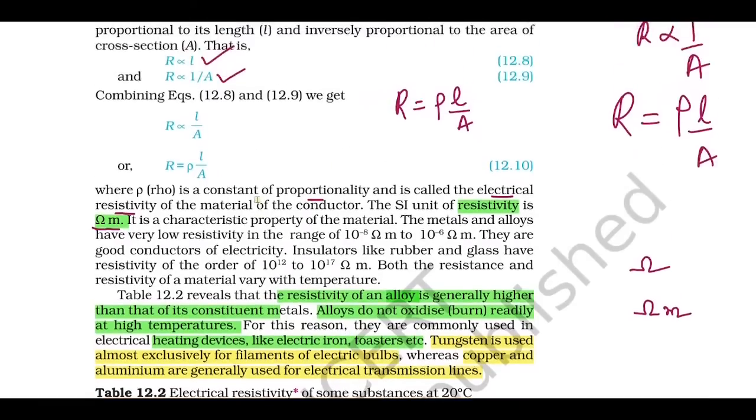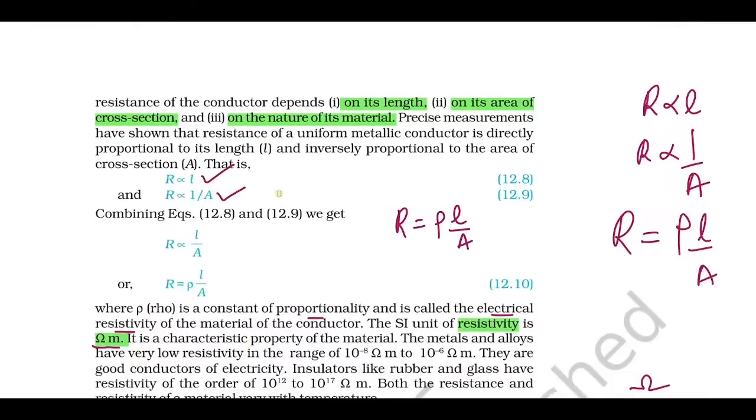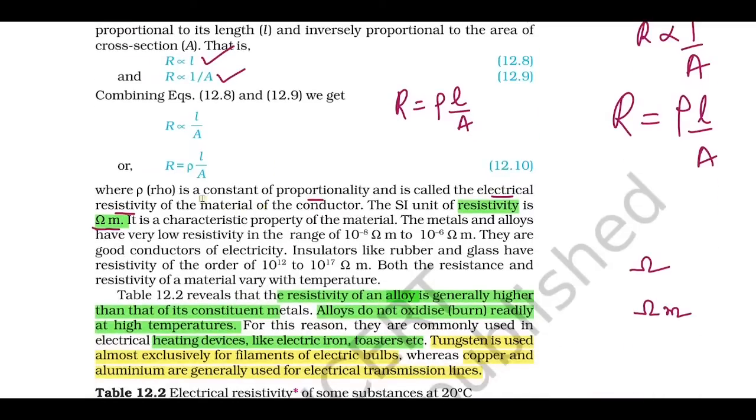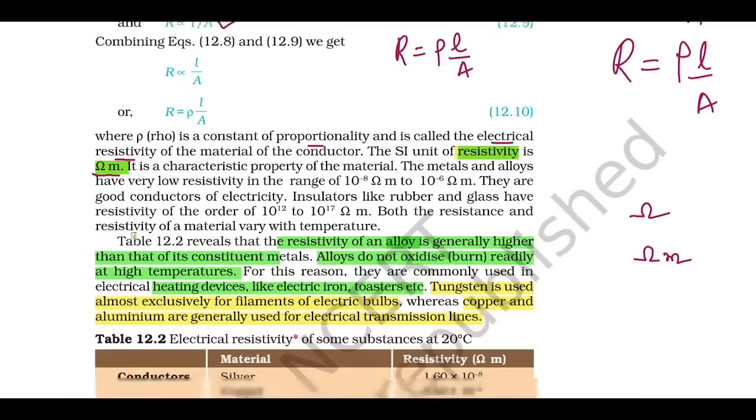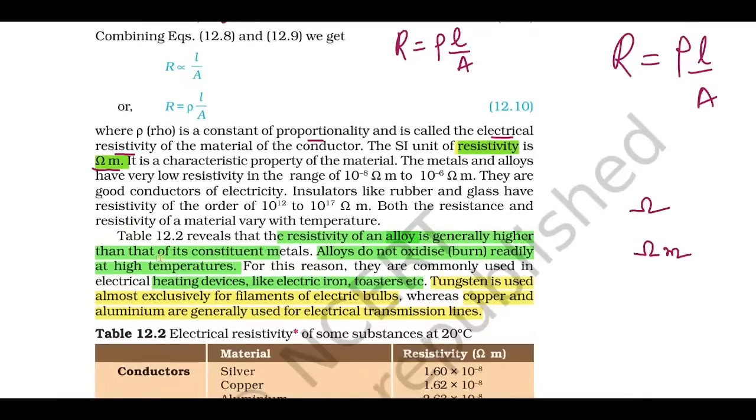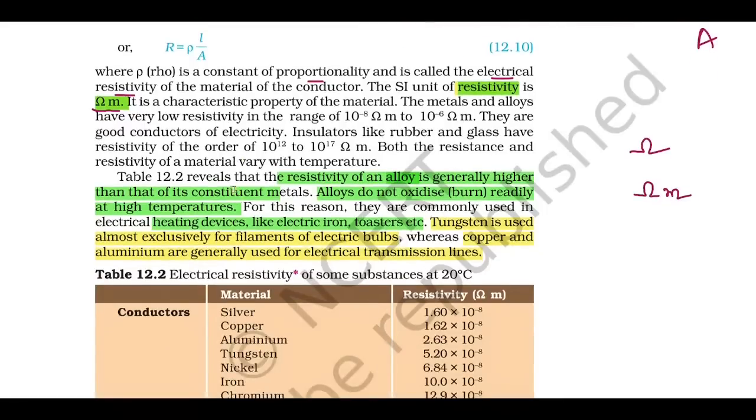So in this paragraph you have learnt about the factors on which the resistance of a conductor depends, and the important concept of resistivity, the SI unit of resistivity, and also that the higher the resistivity, the more the resistance value will be. And alloys have higher resistivity, because of that they are used commonly in heating devices like electric toasters, electric iron box, etc. And tungsten is used almost exclusively for filaments of electric bulbs.